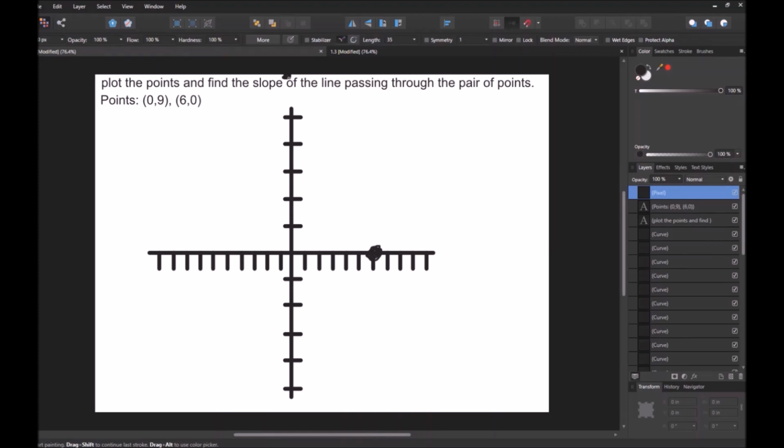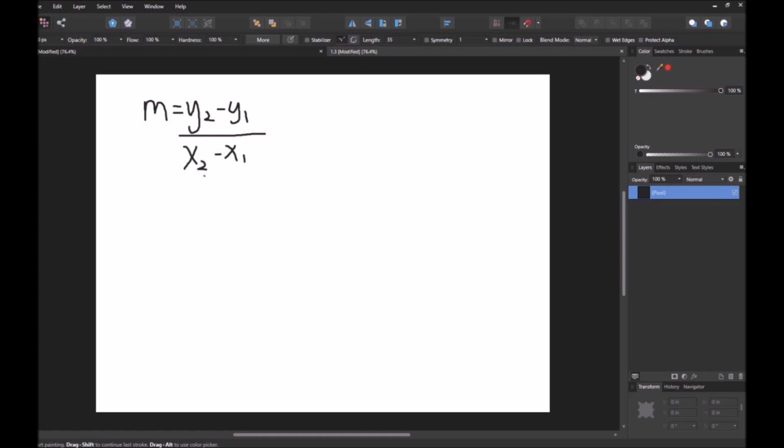And now what this problem is saying is that there's a line connecting these 2 points, and it wants us to know what the slope of this line is. So if you recall, the formula for the slope is y2 minus y1 over x2 minus x1.